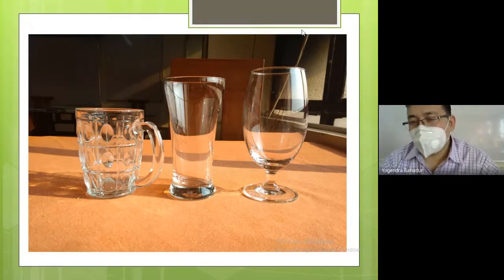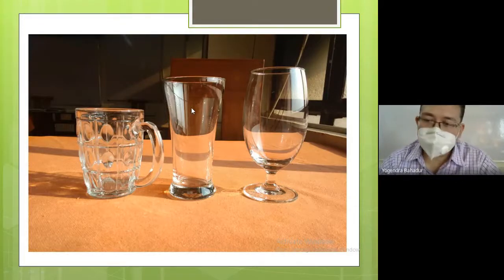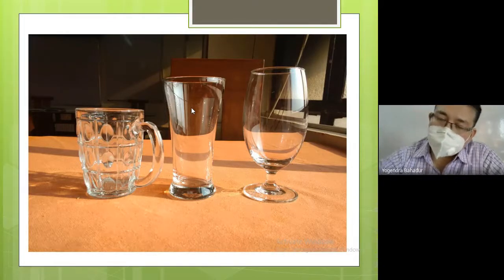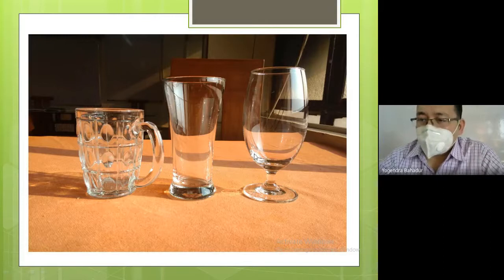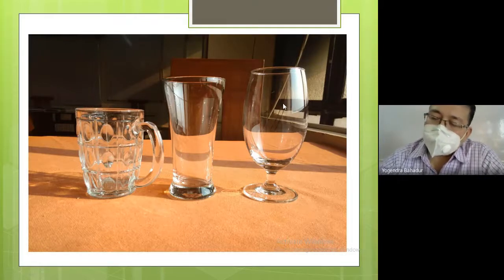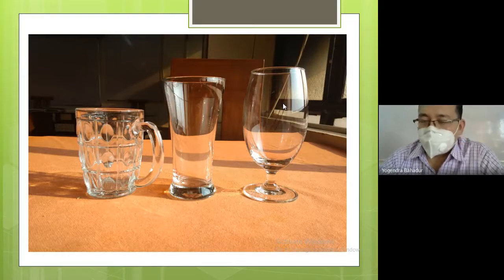And the middle one is known as Pilsner glass or beer Pilsner glass. Its quantity is 10 fluid ounce. The right one is known as beer goblet and its quantity is 12 fluid ounce.